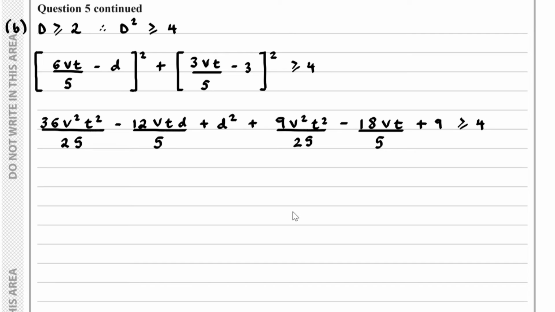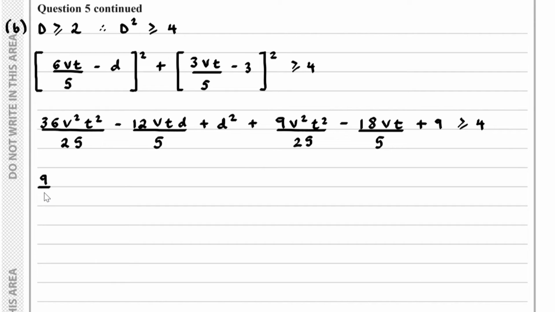And if we gather all like terms together, 36 over 25 plus 9 over 25 will be 45 over 25, which we can simplify to 9 over 5.